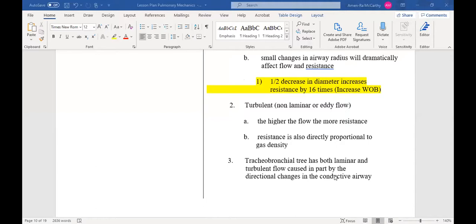I gave you the numbers to know whether that Reynolds number means laminar or turbulent. Turbulent may also be written as eddy flow, so if you see eddy flow, they're talking about turbulent. All they're saying is the higher the flow rate, the more resistance. The harder you breathe, the more resistance you're building up inside your airway.